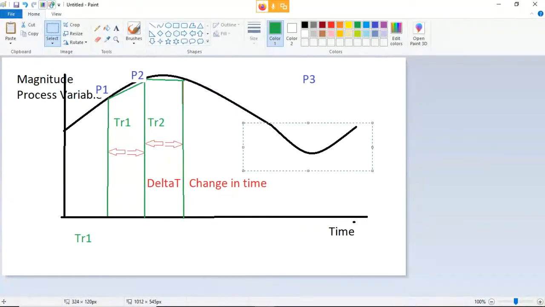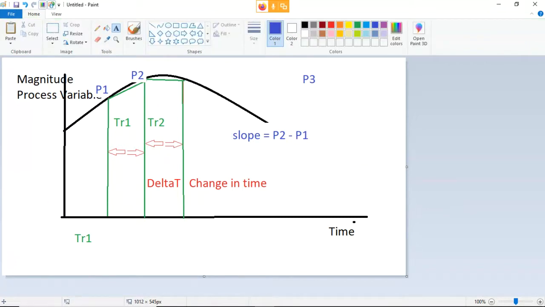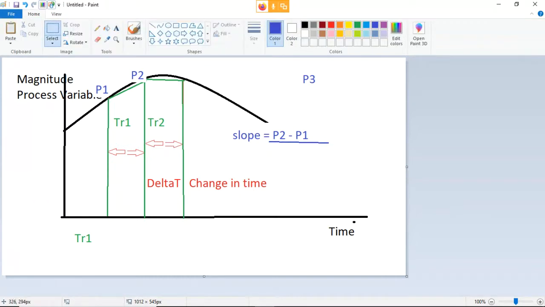If you go back and think about the slope equation when we were doing scaling, the slope equation is 0.2 minus 0.1 divided by the time, and the time is simply this delta t, whatever delta t is.